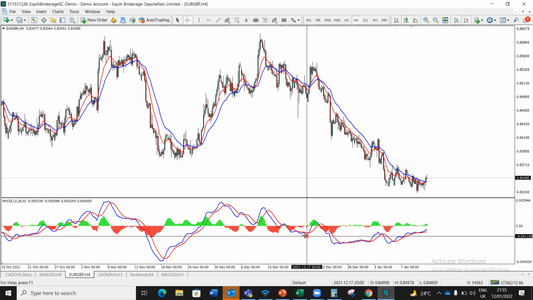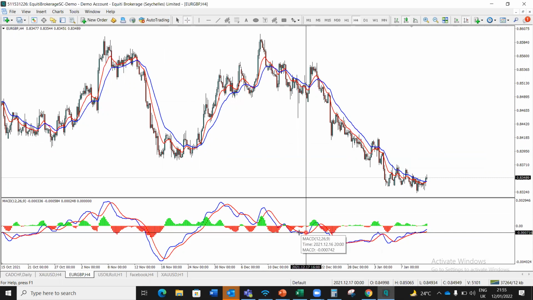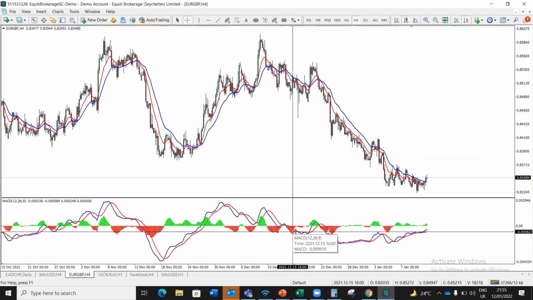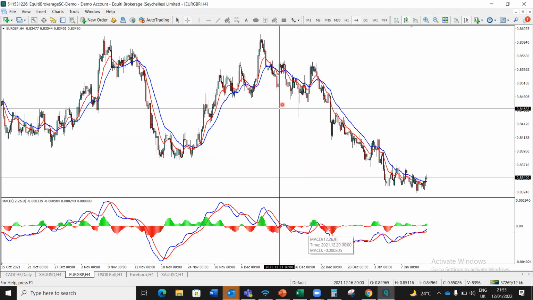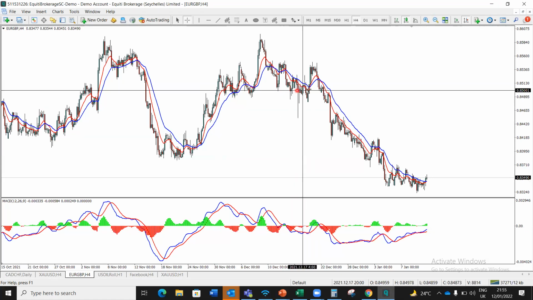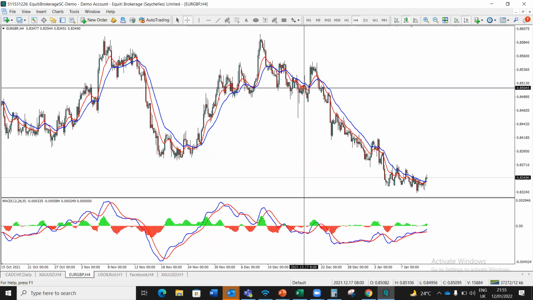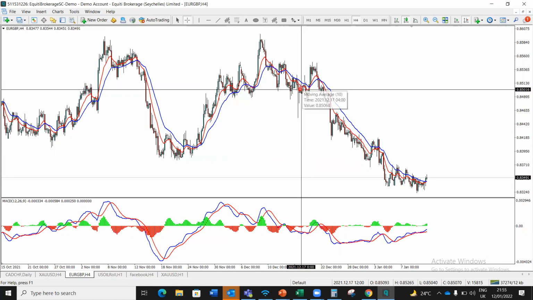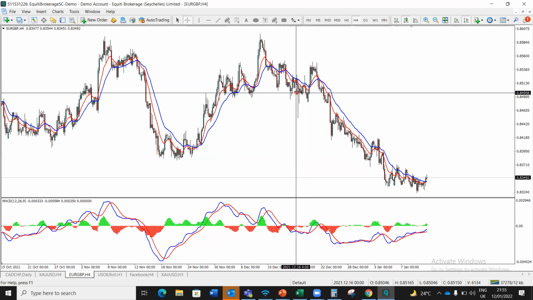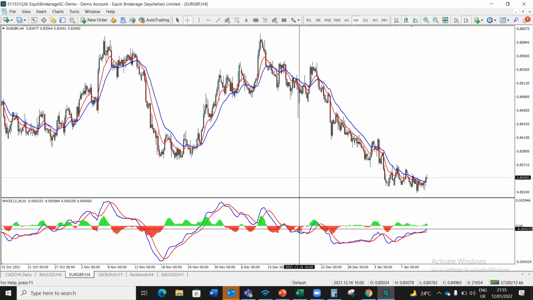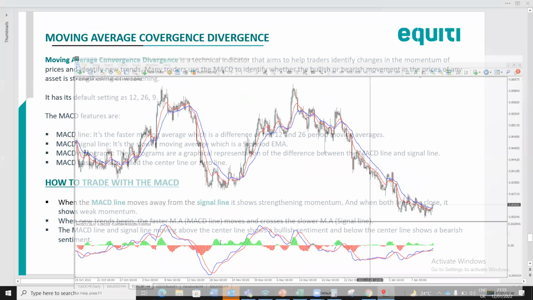But when the MACD and the signal line are close, it shows that there is not much strength, not much momentum in the market. The sellers or the buyers, depending on where we find it, do not have enough strength to push prices in their favor, and that's one of the meanings.